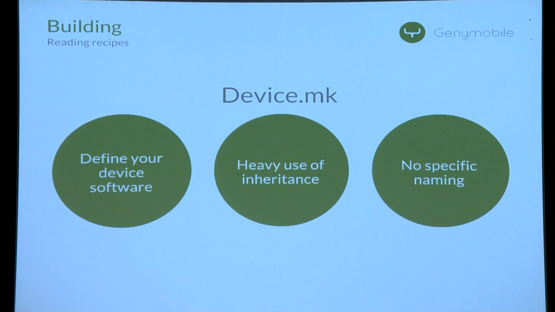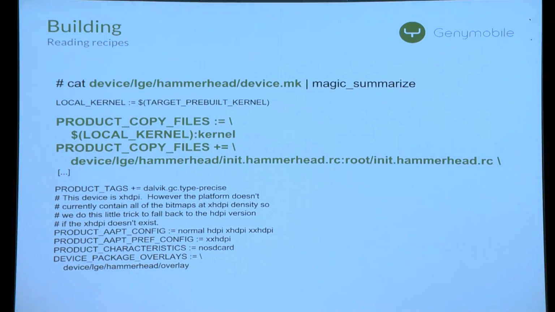So it will describe the applications that you want, and the configuration files that you want also. It heavily relies on inheritance, as we will see, and it's usually called device.mk, but sometimes it's another name.